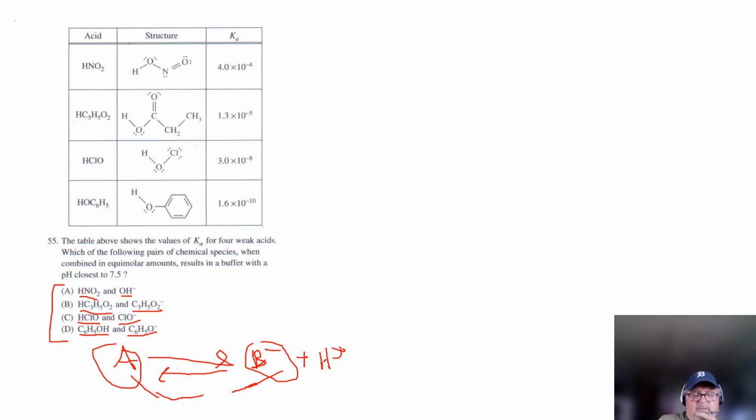And when the acid and the base are in equal amounts, the pKa is equal to the pH. So we know that pKa has got to equal pH. And what is pKa? pKa is equal to the minus log of Ka.